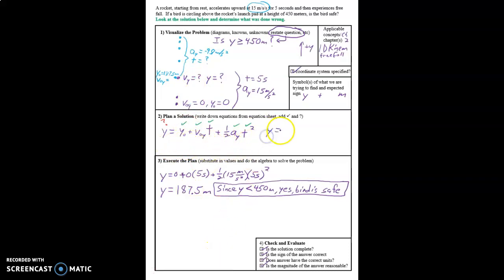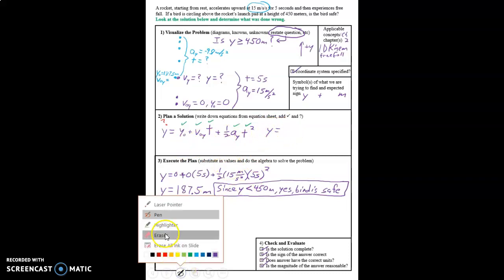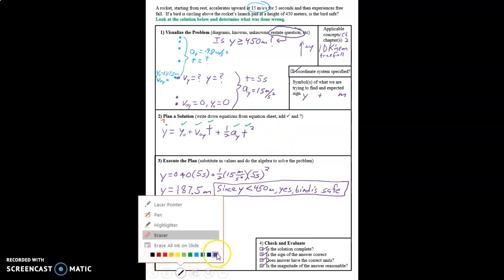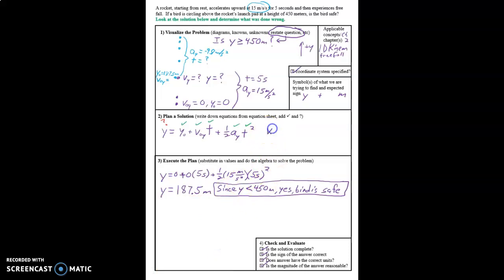So we'll use the equation Vy equals V naught y plus AYT.